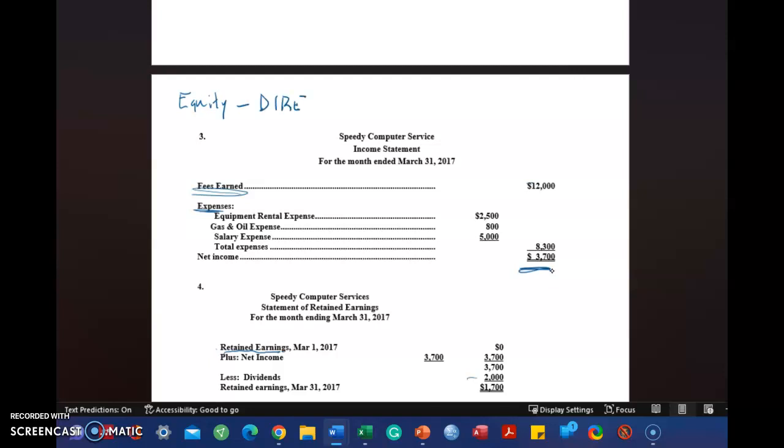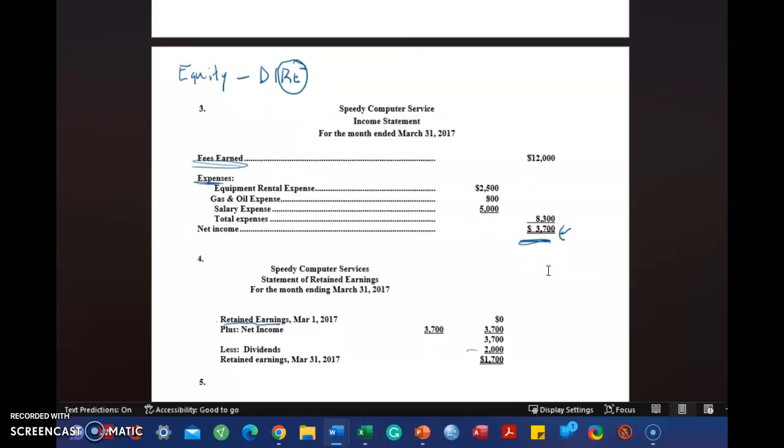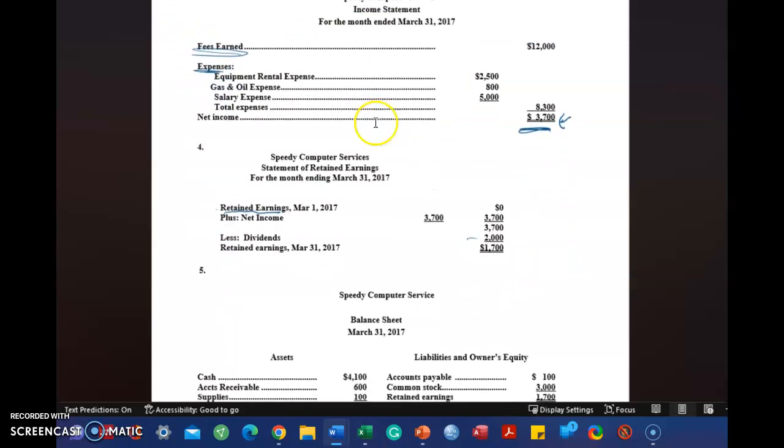Dividends, investment, additions to common stock. There's other types of common stock, but for right now, it's only common stock for us. Revenue and expenses. Well, we just combined and netted revenue and expenses, and now we have $3,700. That takes care of the income statement.